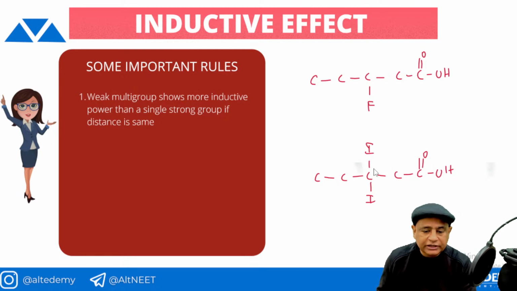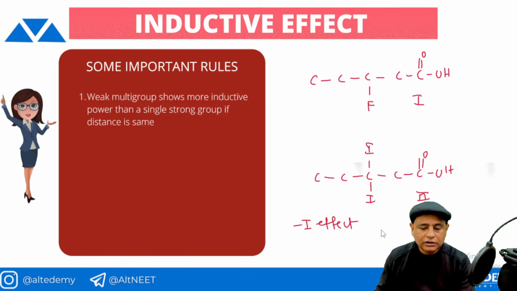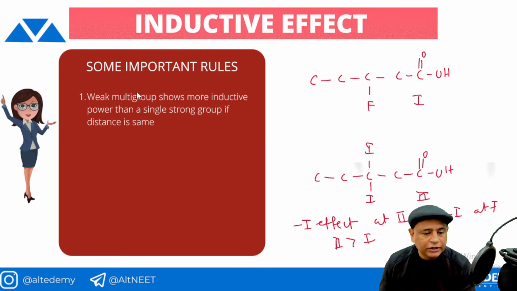But at the same position, if there are 2 weaker groups present, then you should always bear in mind that the minus I effect at second will be greater than minus I effect at 1. So in terms of acidic behavior, you can say 2 is more acidic than first. Weak multigroup shows more inductive power than a single strong group if distance is same.